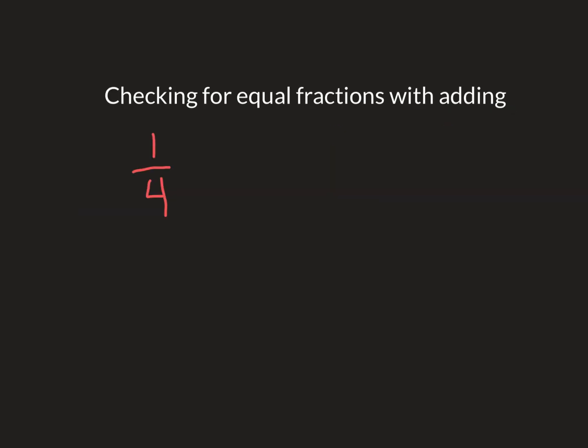Let's look at this fraction 1/4 and think of it as skip counting. How many times do I have to skip count the numerator to be equal to the denominator? 1, 2, 3, 4 would equal the denominator.